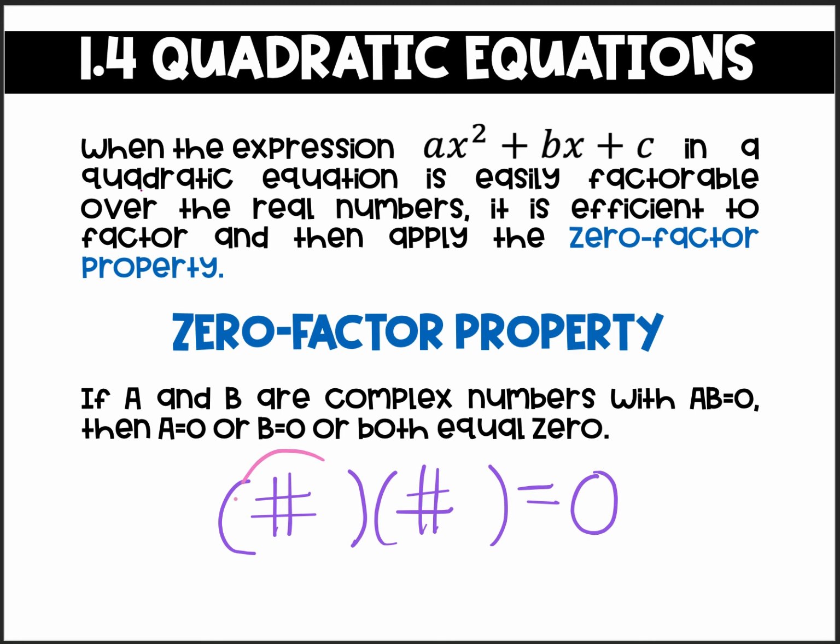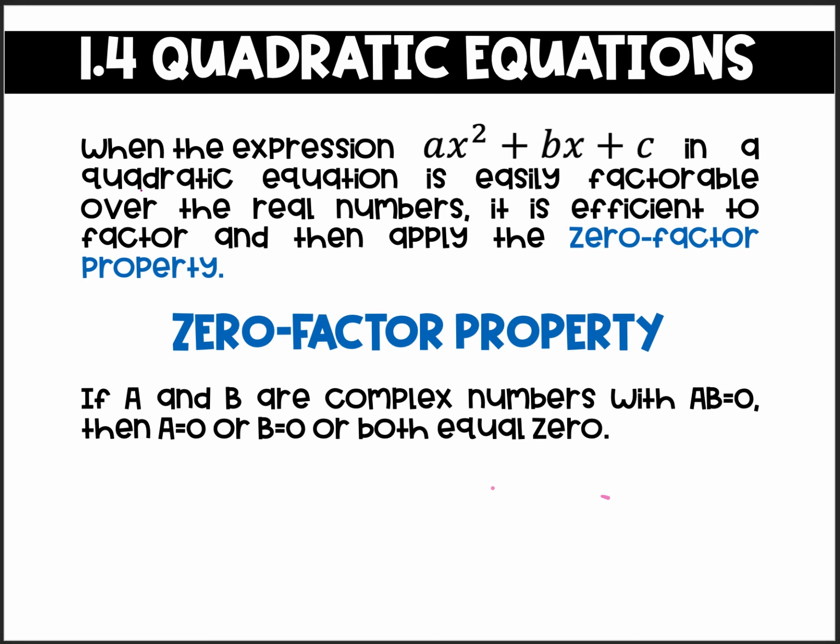So if this is 0, 0 times whatever number this is, it's going to be 0. And if I have a number here and this is 0, 0 times any number will be 0, or 0 times 0 will be 0. That's what the zero factor property tells you: if two things multiplied are equal to 0, then either one of them is equal to 0 or both are equal to 0.